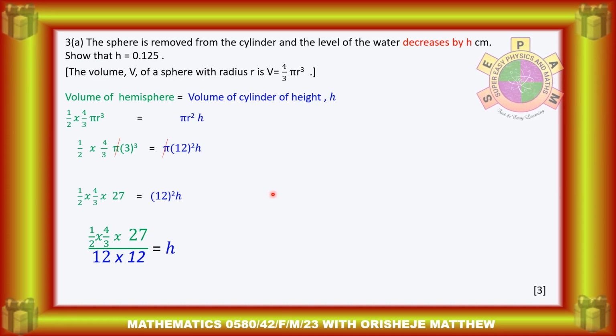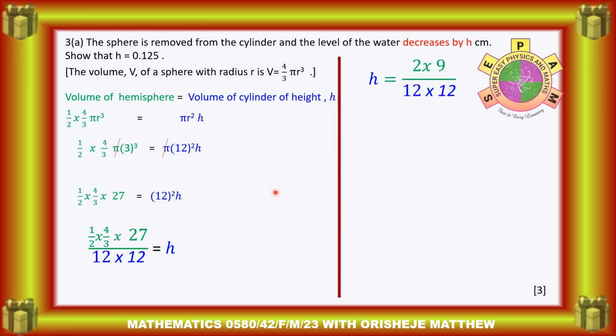So divide both sides by 12 times 12, that is 144. Then cancel out the numerator. 2 can go into 4 in the numerator, and then 3 can divide 27 to give us 9.